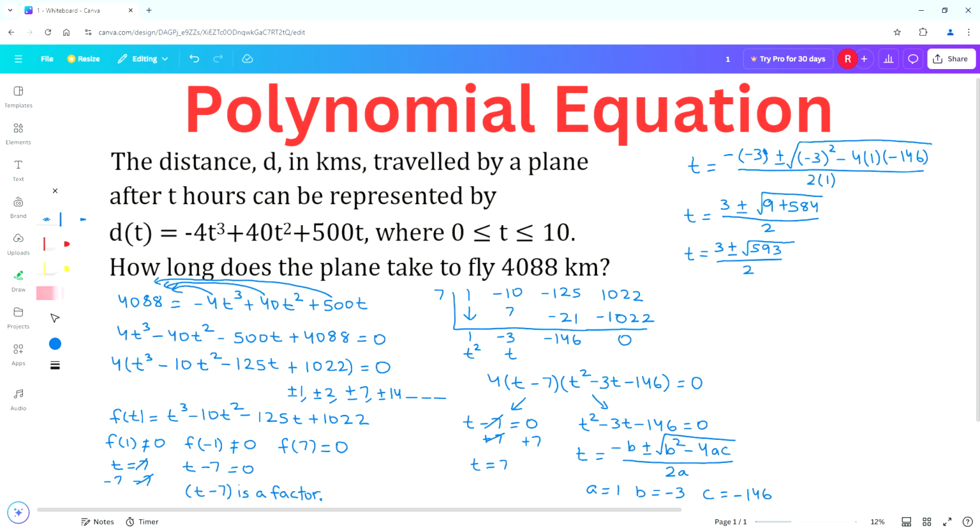Square root of 593 is equal to 24.35. We get two cases, one with the plus sign, the other one with the negative sign.